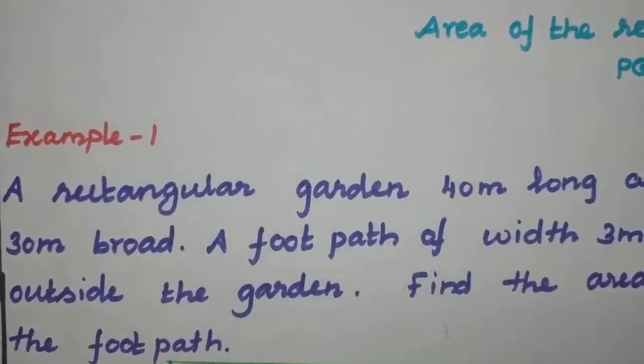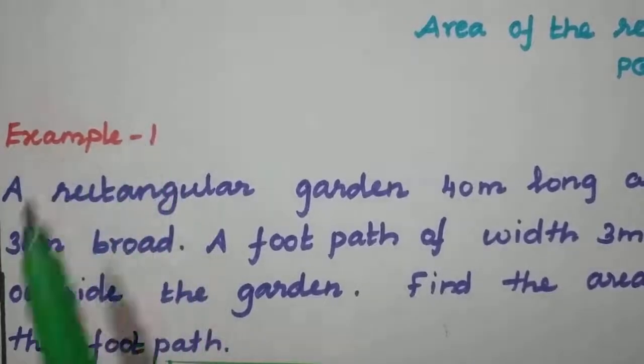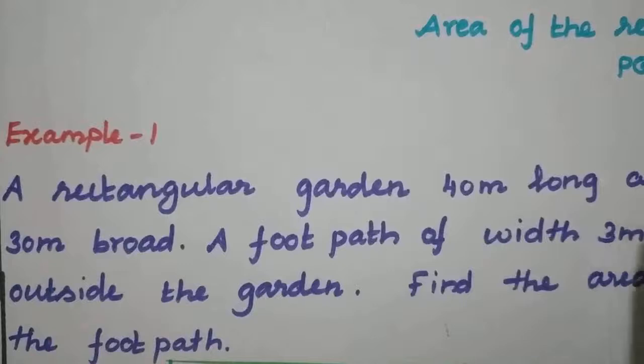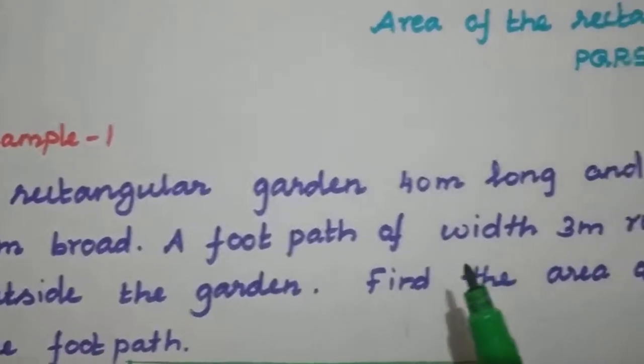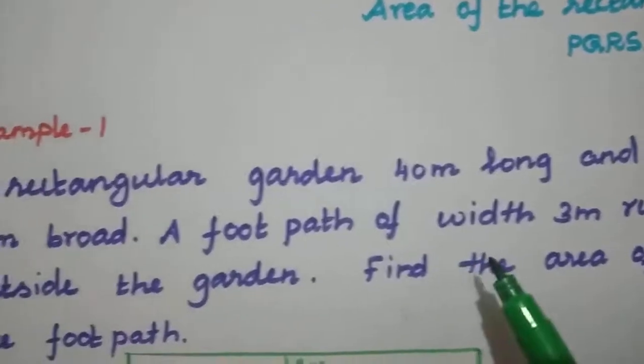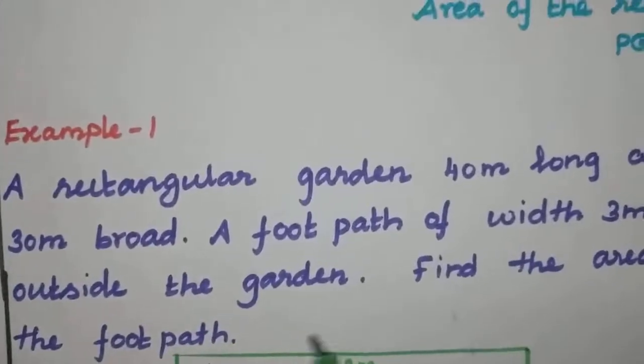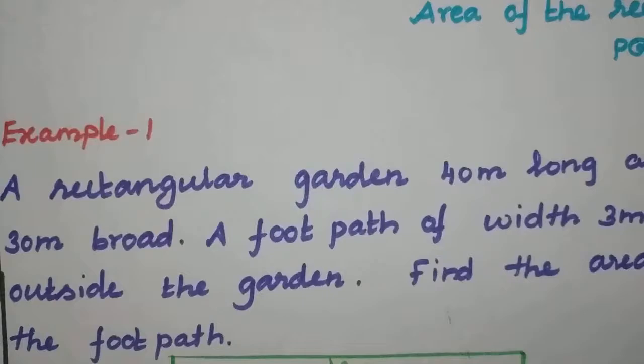Let us solve the examples. Example 1. A rectangular garden 40 meter long and 30 meter broad. A footpath of width 3 meter runs outside the garden. Find the area of the footpath.